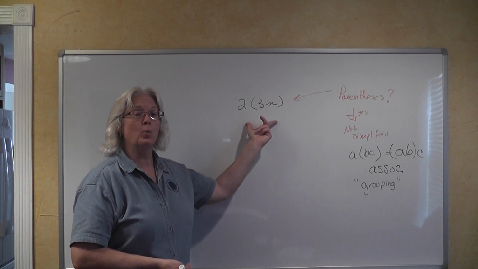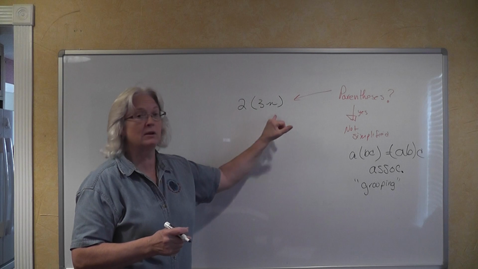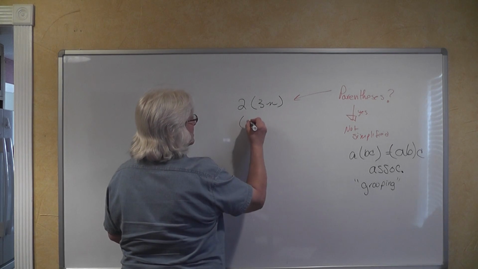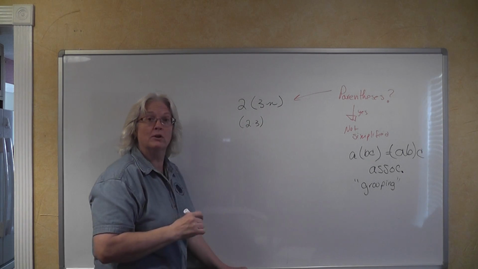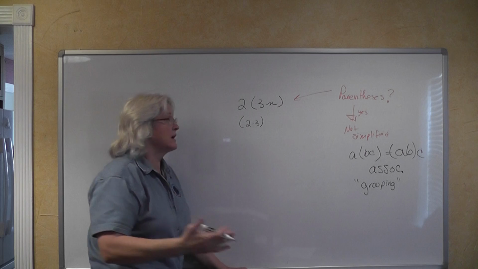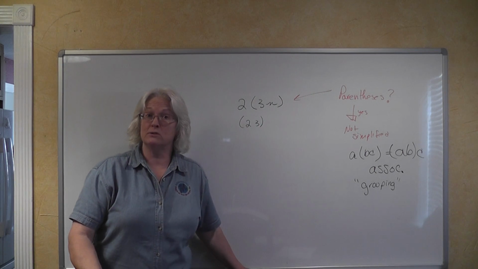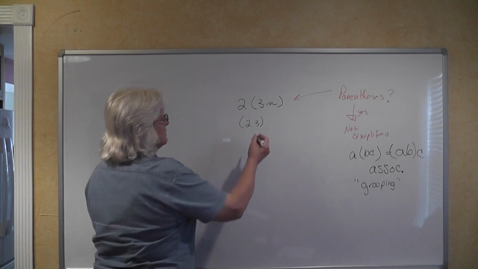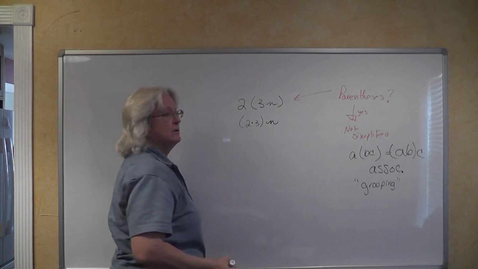So instead of 2 times 3n, we're going to go ahead and group together 2 times 3. And this is one time when I am going to use the raised dot to indicate multiplication, because if I don't have that dot in there, we don't know that it's 2 times 3. It just says 23 to us, doesn't it? So we clearly need to have 2 times 3 times n.